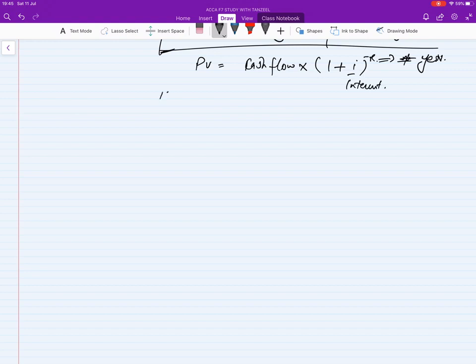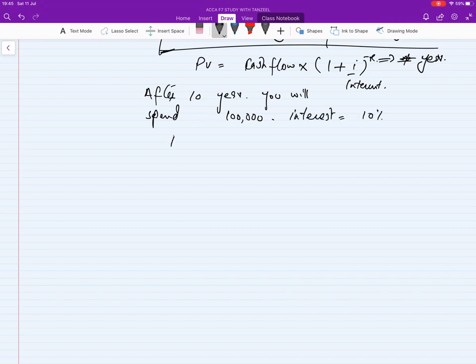Like if you say after 10 years you will spend 100,000 and interest rate is 10%.